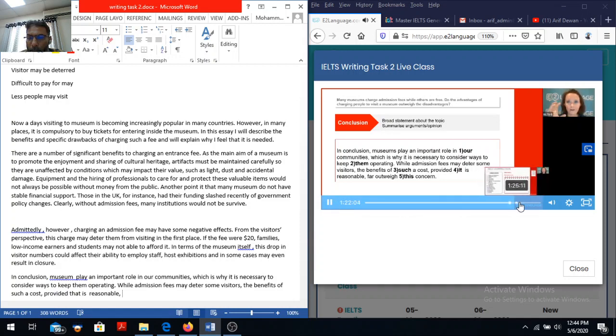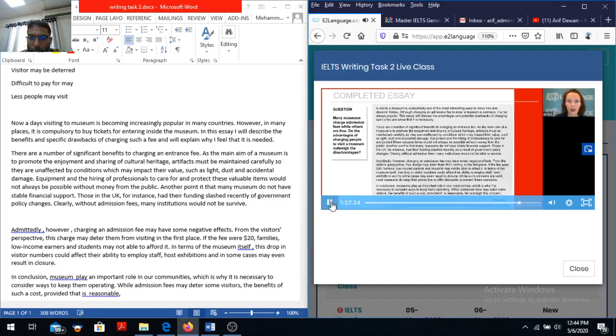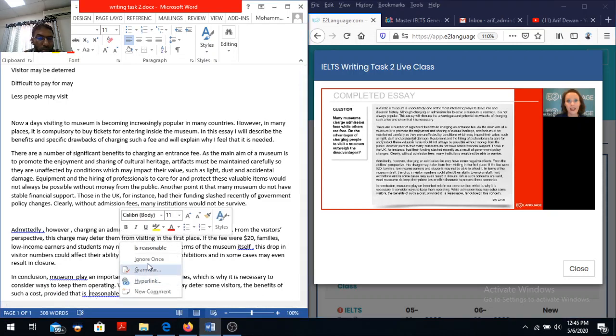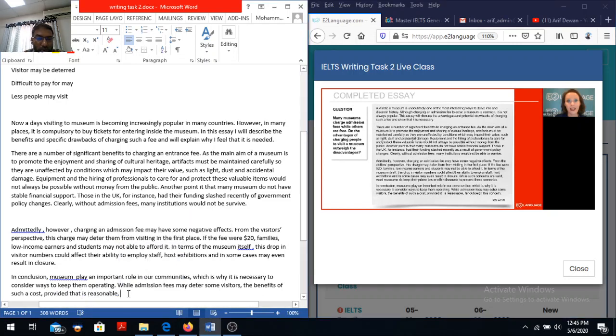So keeping it quite factual, light and dust. It is necessary to consider ways to keep them operating. While admission fees may deter some visitors, the benefit of such a cost is reasonable.